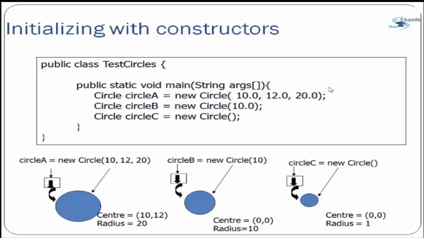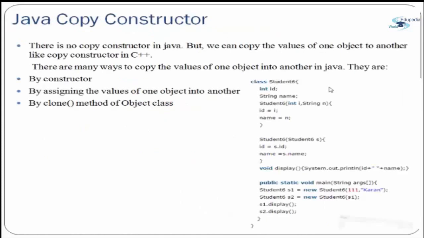So let's move forward. First, we will see what is a Java copy constructor. If you have studied C++, then you must know that C++ has a concept of copy constructor, but Java does not have a concept of copy constructor. But there are many ways to copy the values of one object to another in Java.